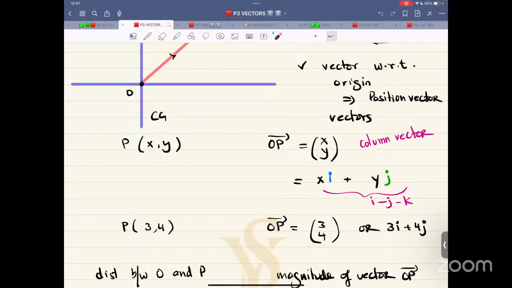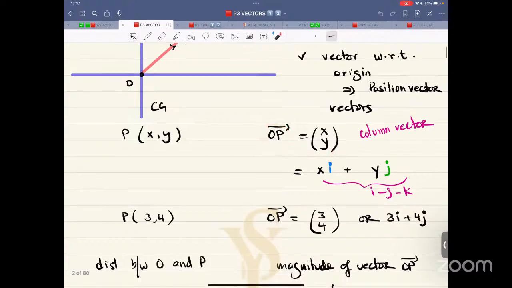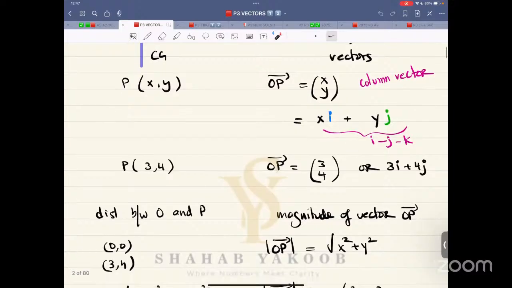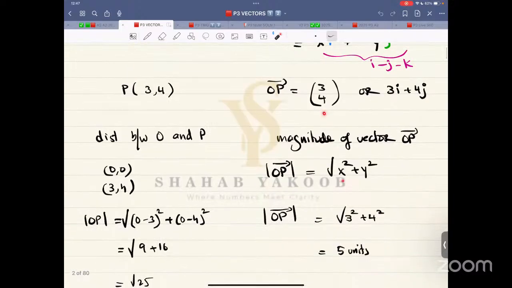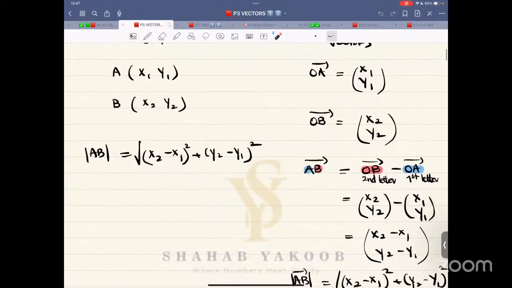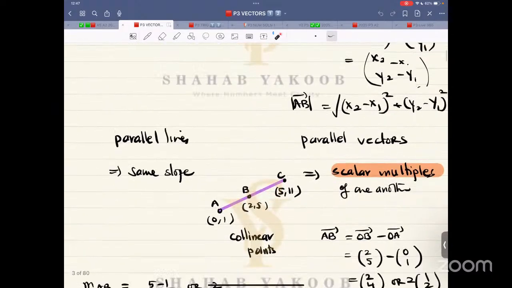A coordinate can be written as a position vector and vice versa. A two-dimensional coordinate can be written as xi plus yj. And if there is a third dimension, we add a k over there. Magnitude of a vector is the square root of x squared plus y squared. The distance formula between 2 points can also be used in a manner of vectors. We can find a vector between 2 points and find its magnitude.